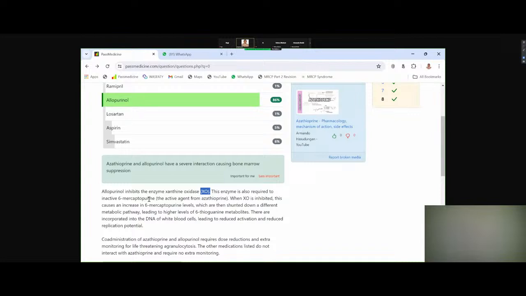which will lead to severe immunosuppression. The drug is then shunted down a different metabolic pathway, leading to higher levels of 6-thioguanine metabolites.